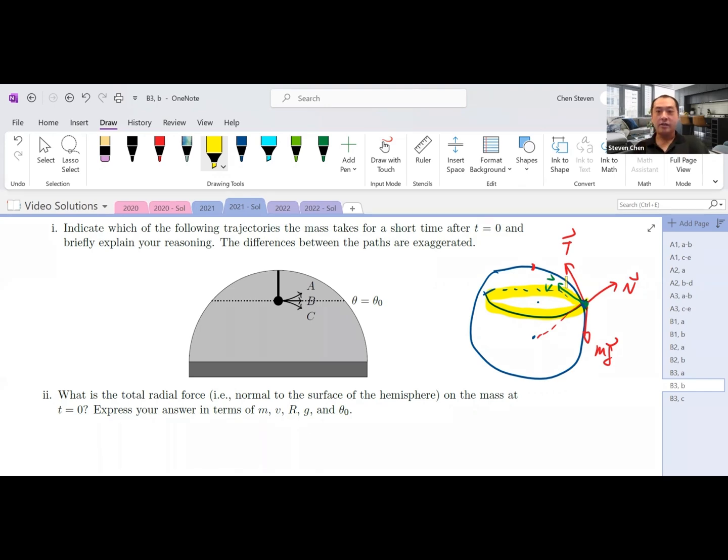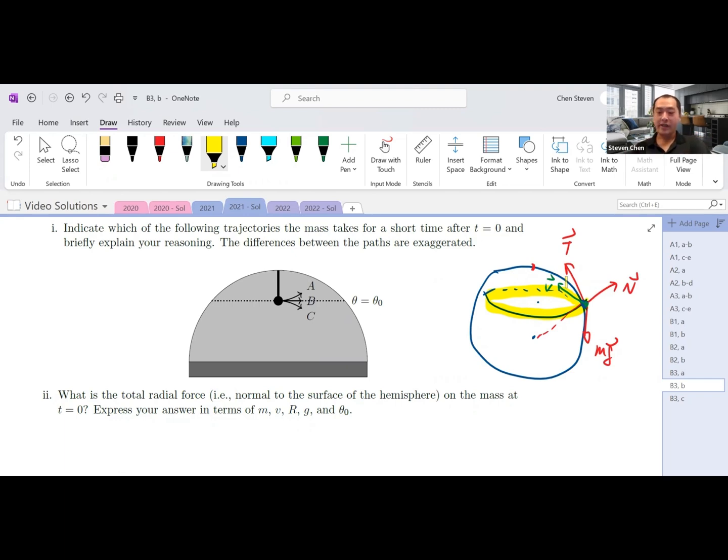For the tension, it depends on the distance between the mass and the one endpoint, the red point, on the surface of the sphere. So it doesn't change, right? But how do we gain the horizontal direction centripetal force? The only way is from the change of the normal force.